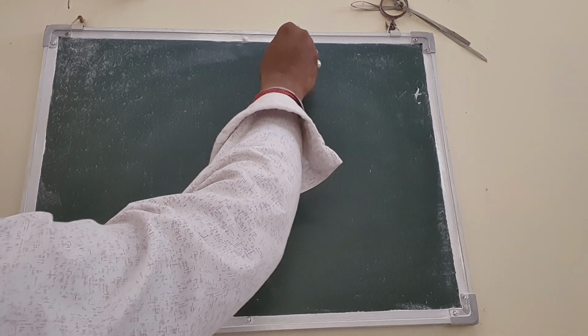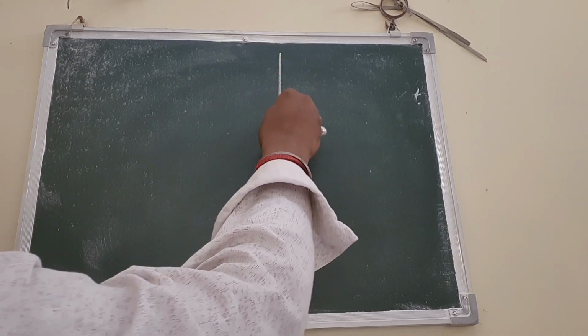there is a cliff. You can see on the board there is a cliff. A cliff is some kind of a vertical mountain, you can say a vertical hill.